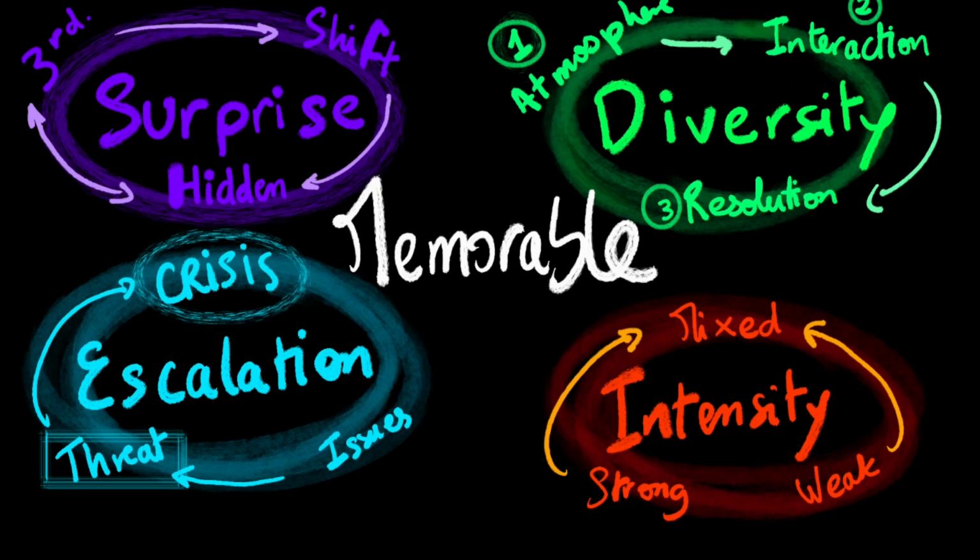When it comes to escalation, you will want to use 3 levels of emergency. You want to alternate issues, threats, and crises. They go in this order. So the first level of emergency you want to use is the simple issues. Simple issues are common. They take place in mild environments.